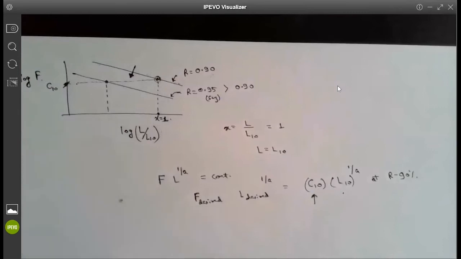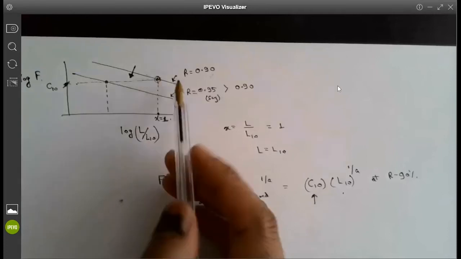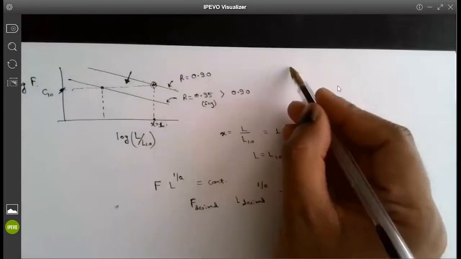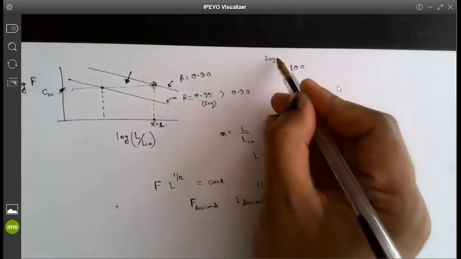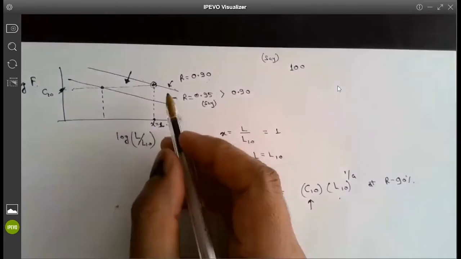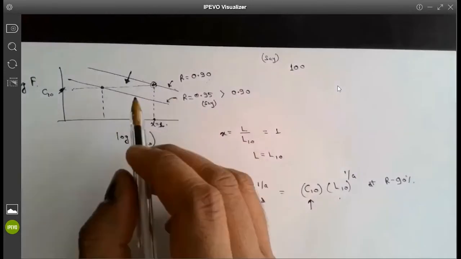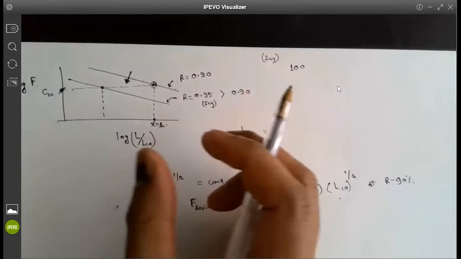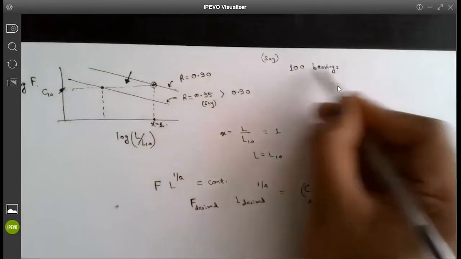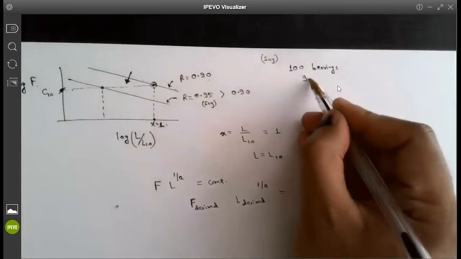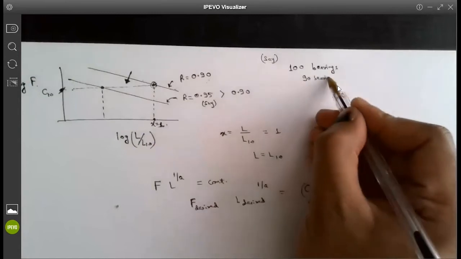So let me try to simplify the explanation here. Assume that you have 100 bearings to begin with. We are just taking numbers to make this discussion easy to follow. Out of these 100 bearings, 90 bearings are going to survive 1 million revolutions.